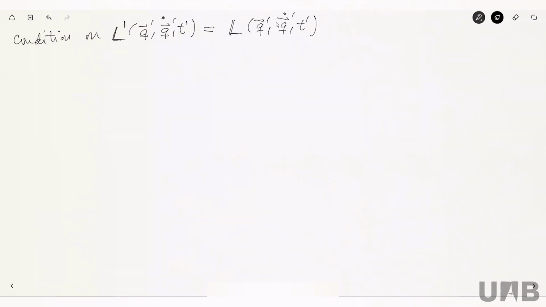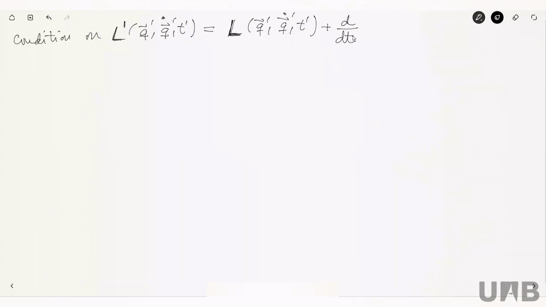But is this the most general condition? If we add to any side of this equality a full derivative over time of some function, it will still be true. So this is not the most general condition.